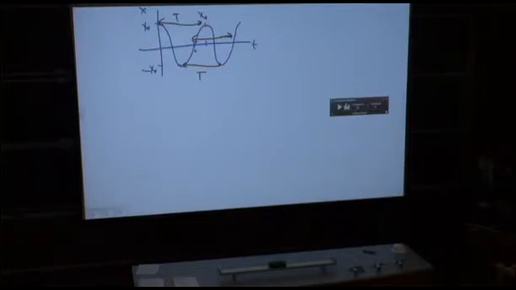But quarters are important parts because this motion is composed of 4 almost identical parts. It goes from the maximum position to the equilibrium, and it takes exactly a quarter of a period to do that. Then it goes from the equilibrium to the opposite maximum displacement, then back to the equilibrium, and then back to the maximum.